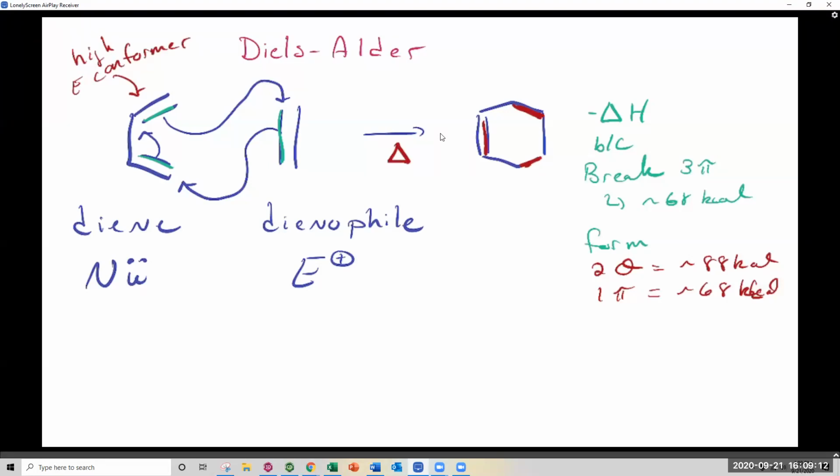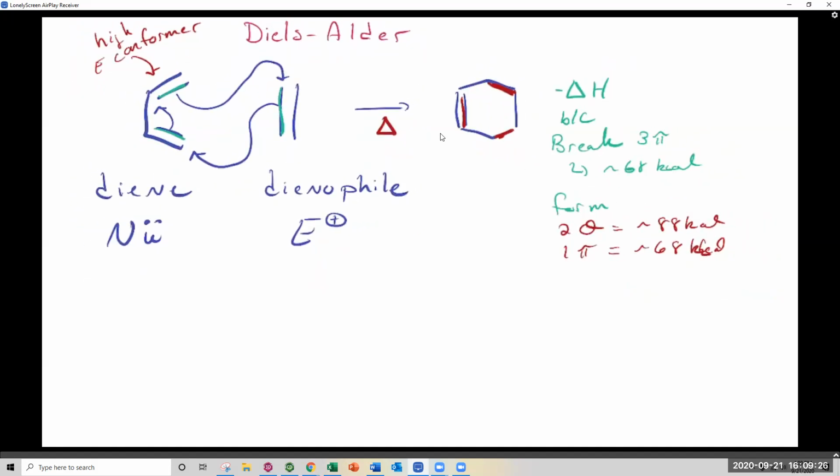Okay, and so the conformation of this, have you guys done this in class yet, y'all? Have you guys lectured? Yes. And so what is the name of this high energy conformer? What is the conformational name? S-cis, right, S-cis. And so basically what we get is we'll start off with 1,3-butadiene, which is this guy here, in the so-called S-trans conformation.